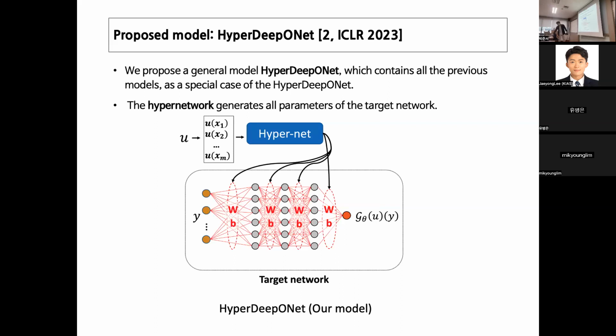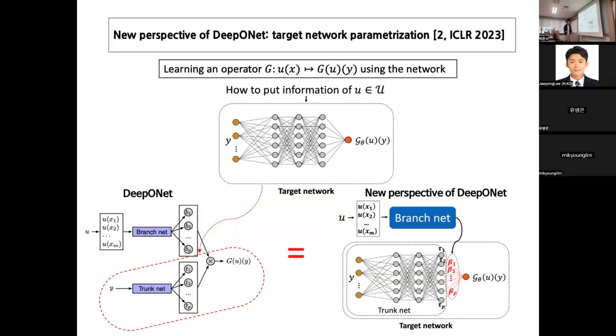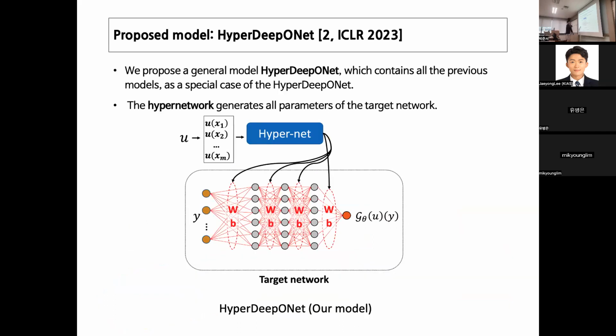But in the DBONet case, they just use a branch net to give this information, and they have to learn parameters in this branch net as well as in this one. But in our case, the network parameters are just the output of this network. The learnable parameters are only in this hypernetwork. So maybe it is that idea. Okay, thank you.